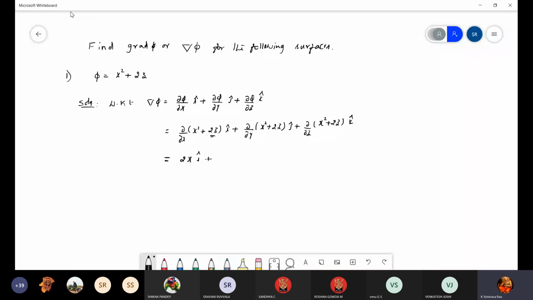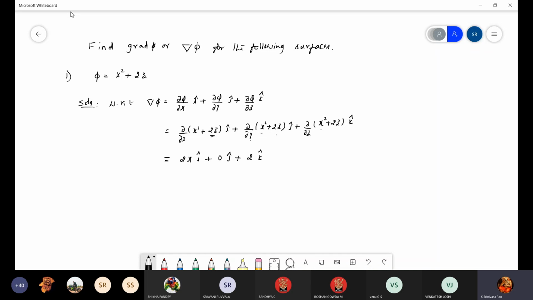Plus, with respect to y, it is 0, because here there is no y, so it is completely 0. x is also constant, 2 into z is also constant. It is 0 j cap. Plus, with respect to z, x square is 0, so 2k cap.